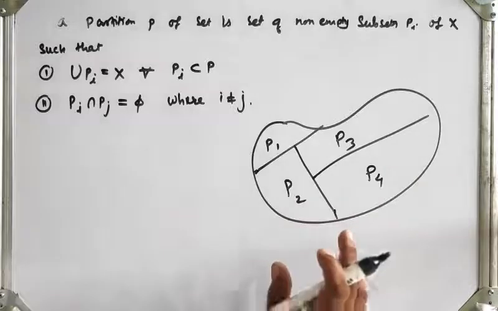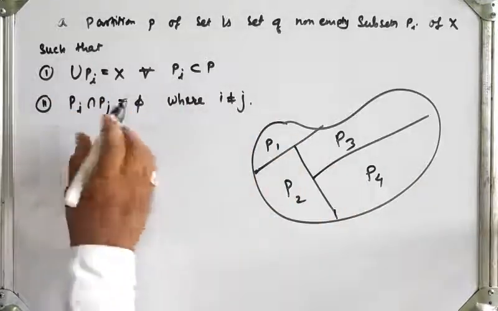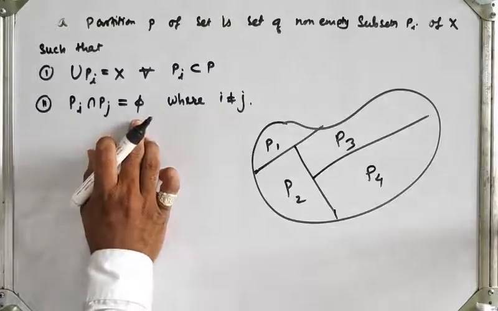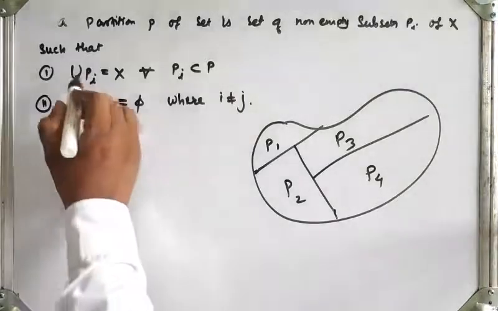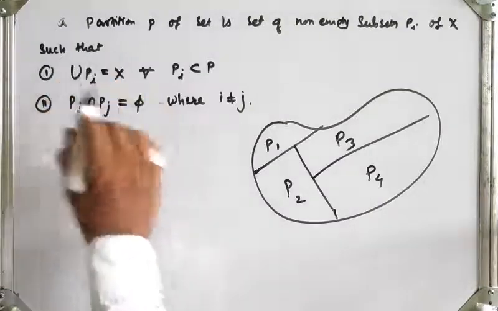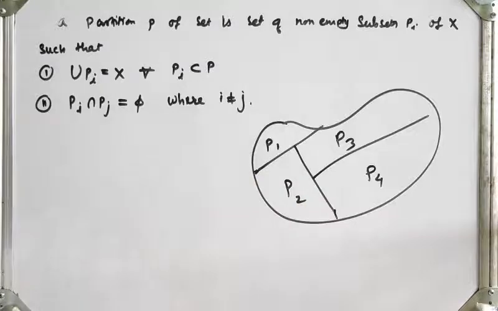Like this, we take any two sets and their intersection is empty. Therefore, we say that P forms a partition when the union of all Pi is equal to the whole set X and any two sets have empty intersection. So this is a partition of a set.